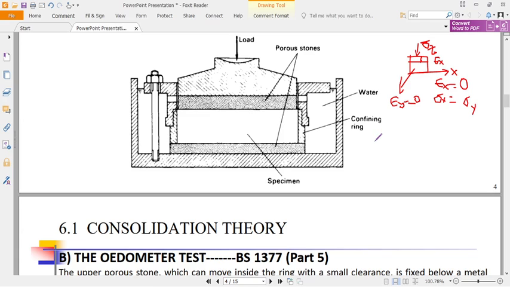Now, if we apply our constitutive model and assume these are principal stresses, therefore the shear stresses are 0.